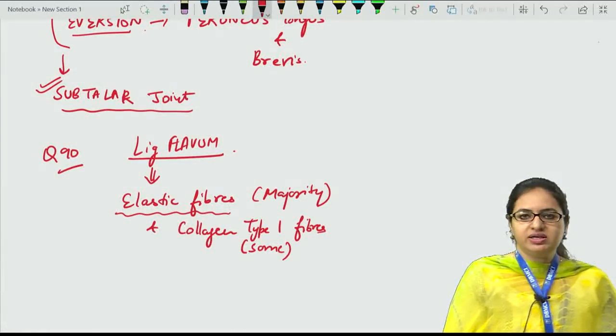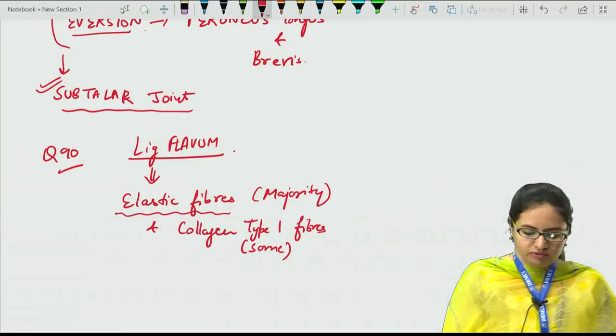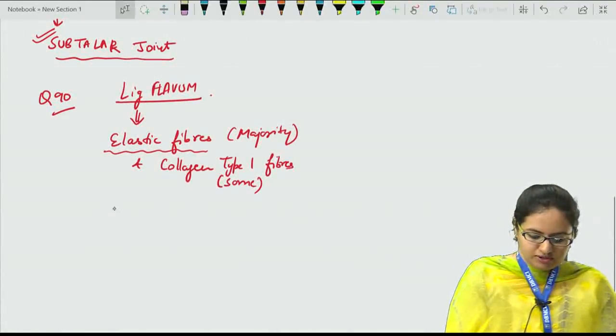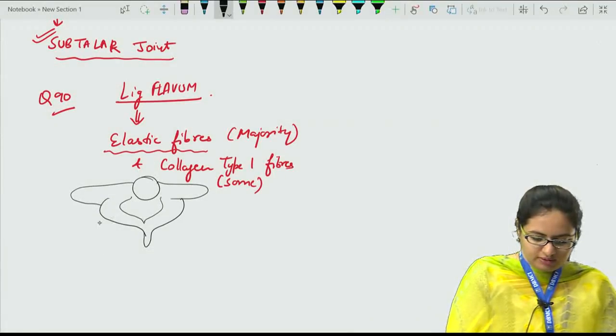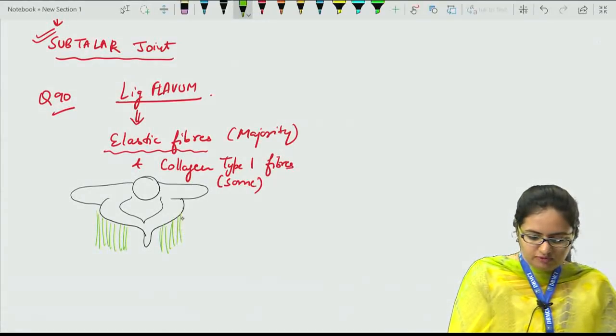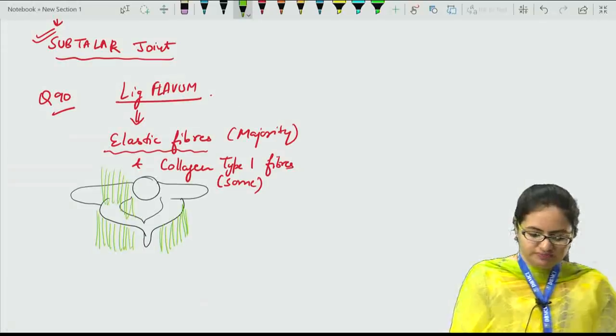This ligamentum flavum extends between the laminae of the vertebrae. If this is the body, and the spinous process and the lamina are here, then the ligament which extends from this lamina to the corresponding vertebra below and above is termed the ligamentum flavum.